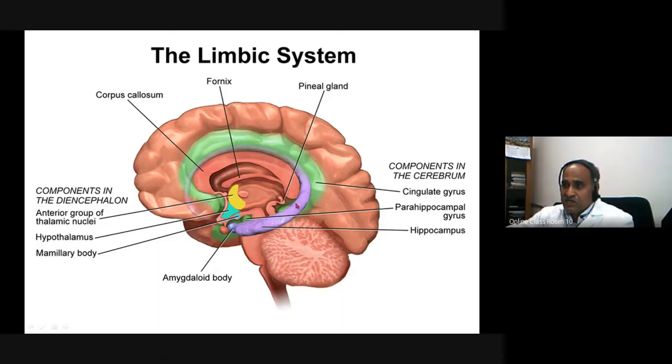So from the entire cerebral cortex, it talks to the prefrontal cortex, it talks to the motor area, it talks to the sensory area, it talks to the visual area, and it also talks to the auditory. So that means it is trying to understand each of those components in terms of the emotion and emotional responses.